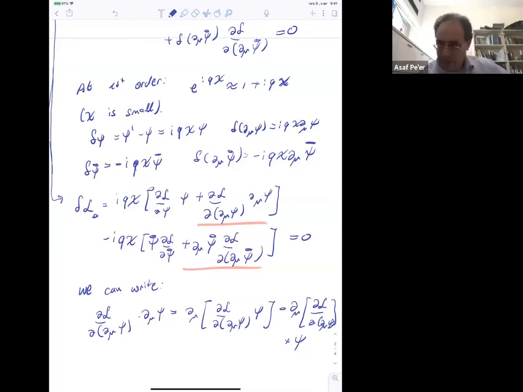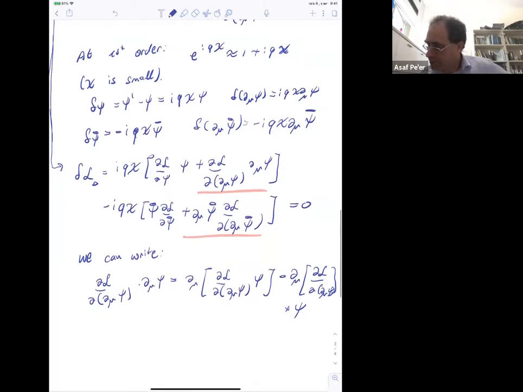And of course the same term for the last term.